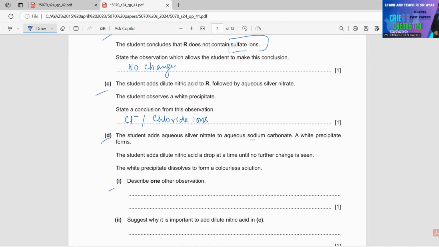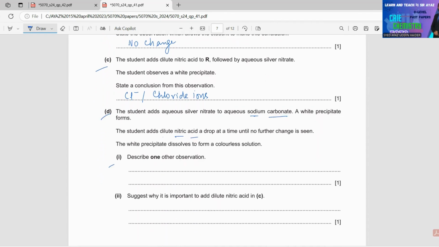So you are having sodium carbonate and acid reacting. There must be fizzing, or you can say bubbles, due to the formation of carbon dioxide. You can even write effervescence.